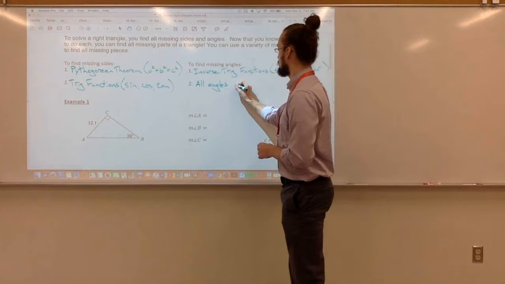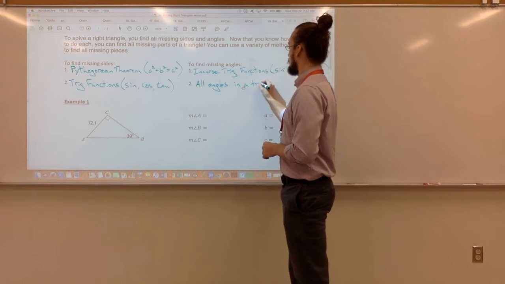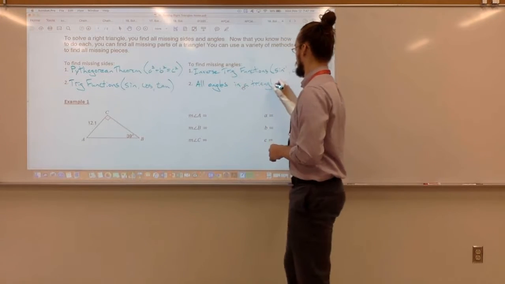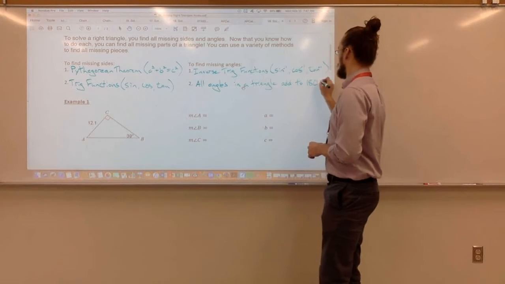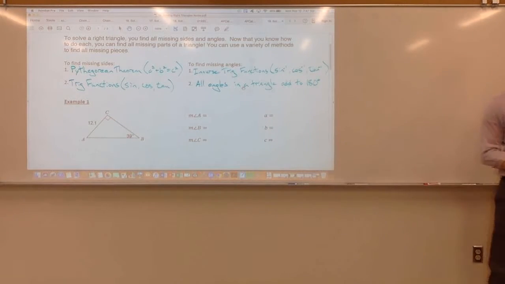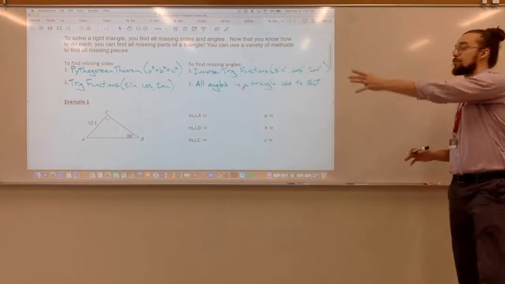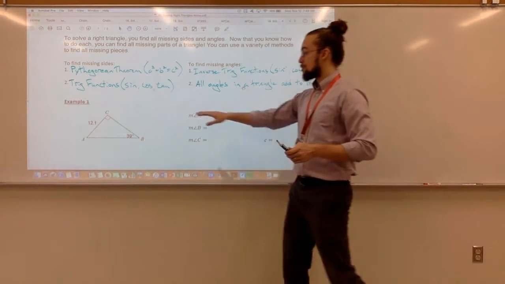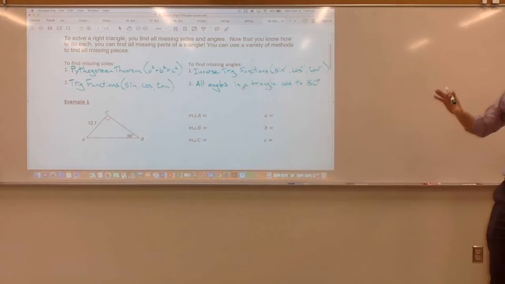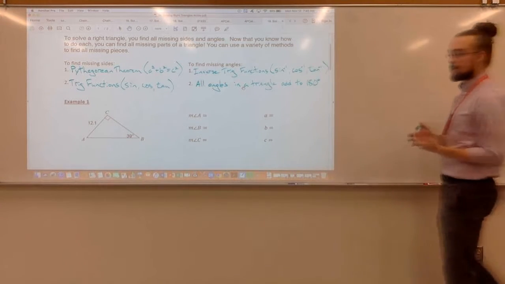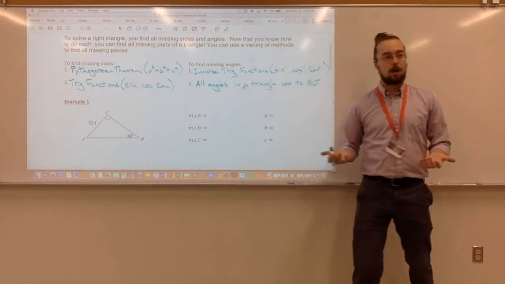So all angles in a triangle add to 180 degrees. Okay? We're going to use all four of these ideas to solve for different missing pieces in a right triangle. Okay, so all we're doing is taking all this stuff that we've been talking about and combining it into one problem, basically.